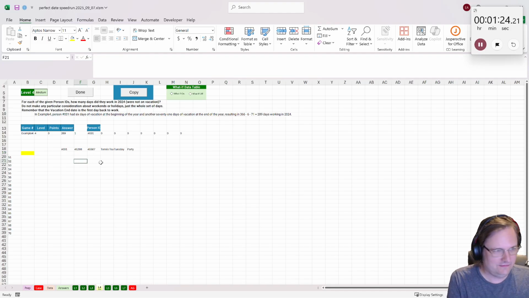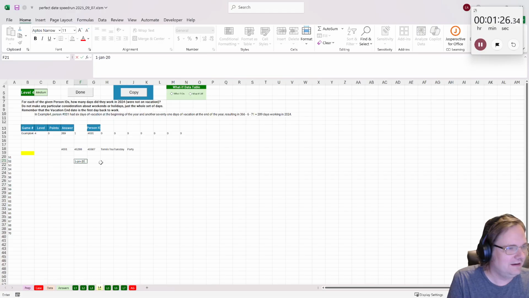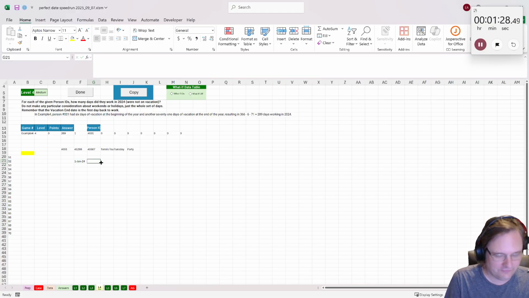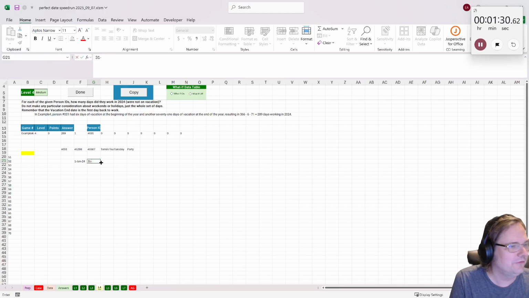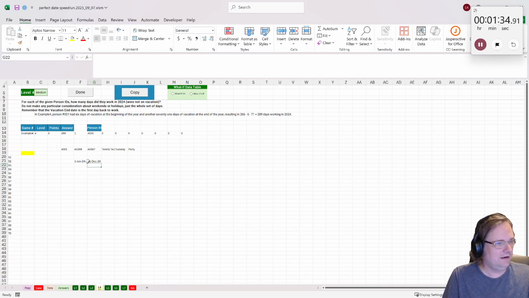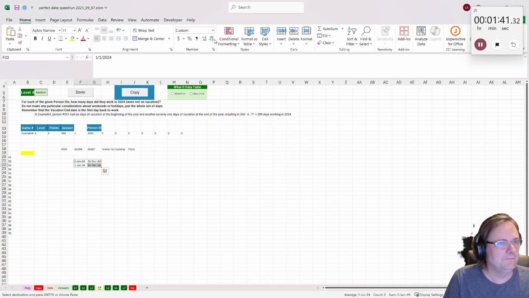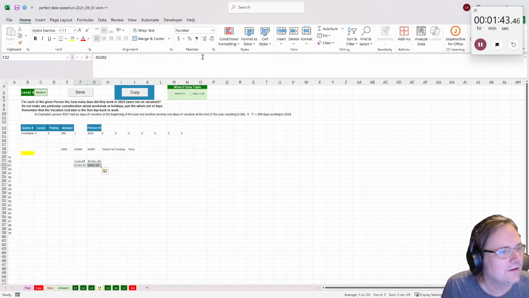Now I need to know the first day of the year, which is the 1st of January 2024, and the last day of the year, which was the 31st of December 2024. So I'm going to take this and format them as serial numbers so I can see those.